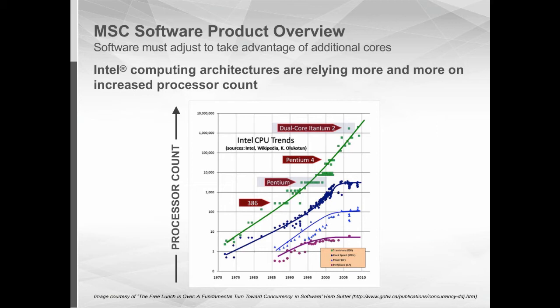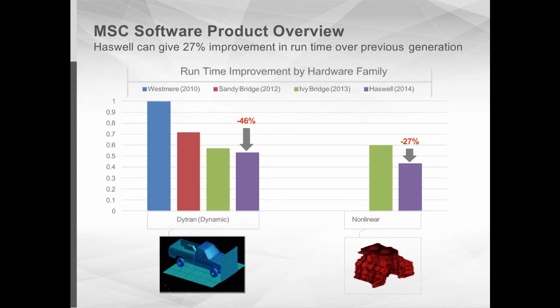In the next slide, we will look at how MSC Nastran today benefits from improved Intel hardware with increased core count, going from the Westmere released in 2010 to Haswell released in 2014. Here we have two types of simulations. On the left is a Dytran job or solution 700, and on the right is an advanced nonlinear job or solution 400.